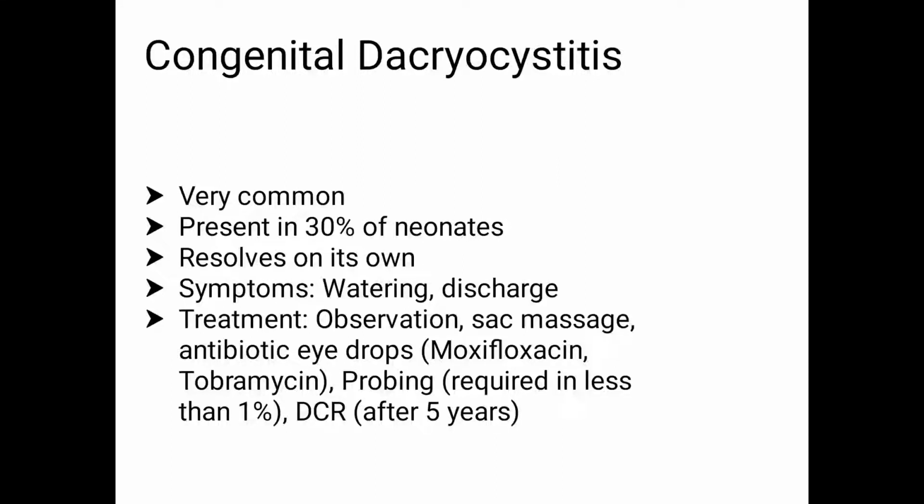But sometimes we may require more than one probing, and if the probing fails, then we have to do dacryocystorhinostomy. But we can wait till 5 years because the anatomy in neonates or infants is not clear. So we can wait till 5 years to proceed for DCR.